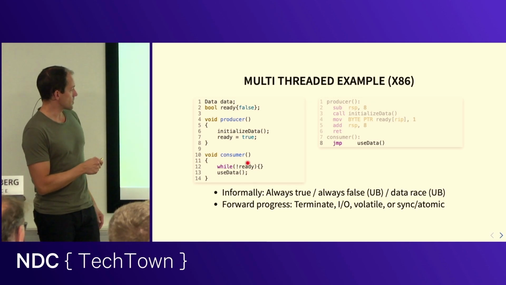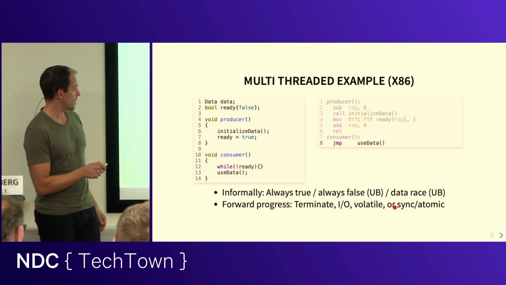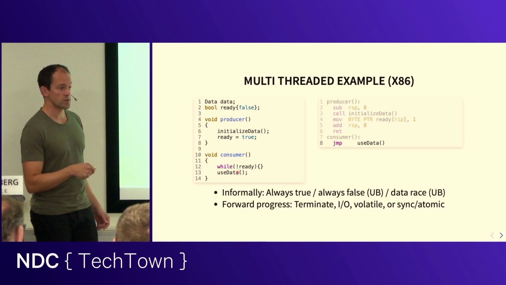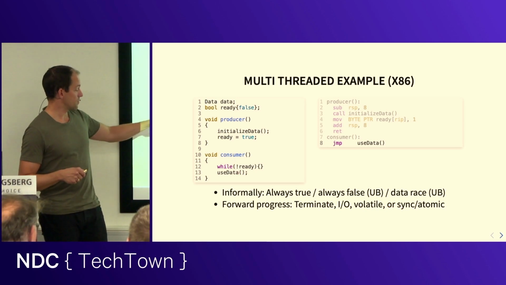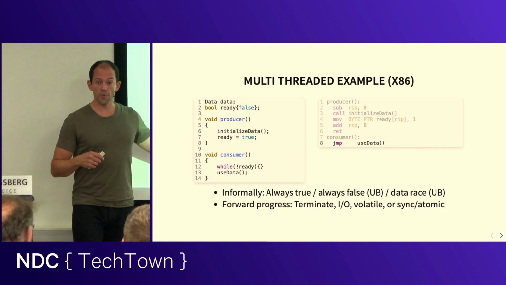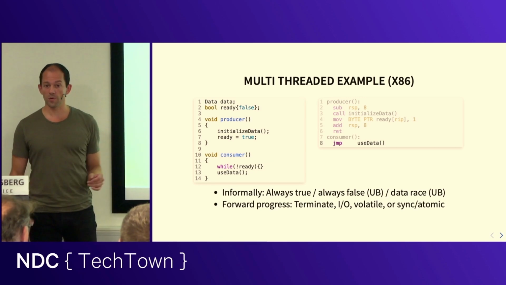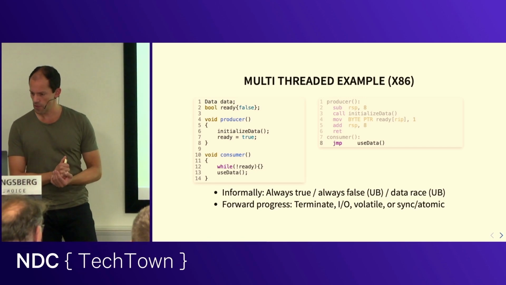So this thread here is not doing I/O, volatile, or any sync or atomic, and it's never going to terminate if this is true. So if this doesn't change, it violates the forward progress assumption. So that's why it's also undefined behavior, and you can remove it.